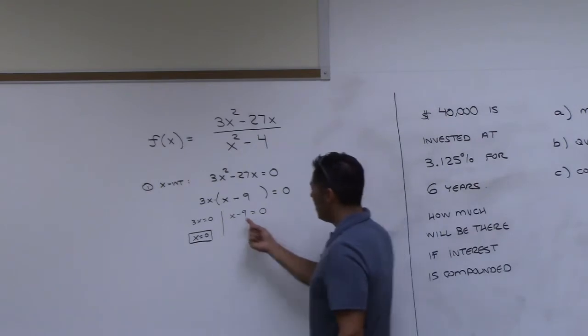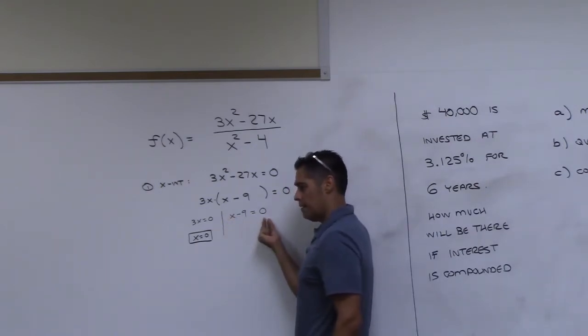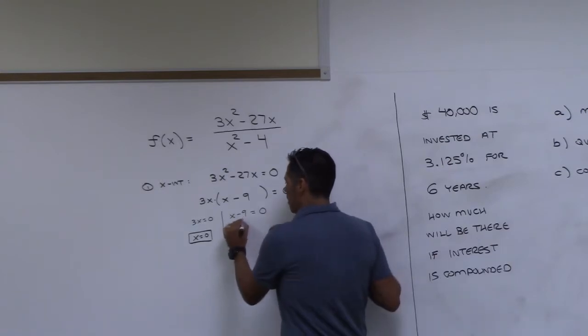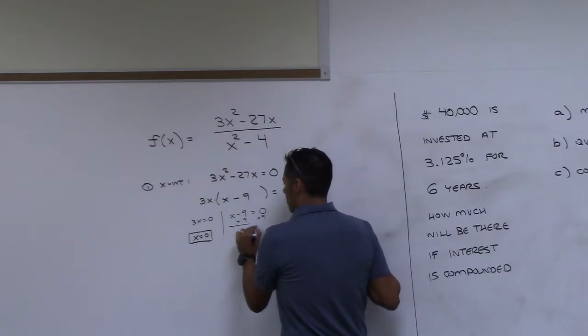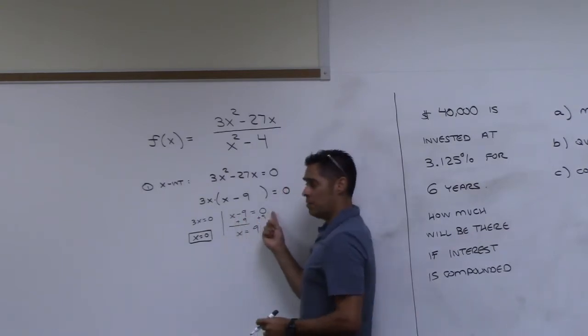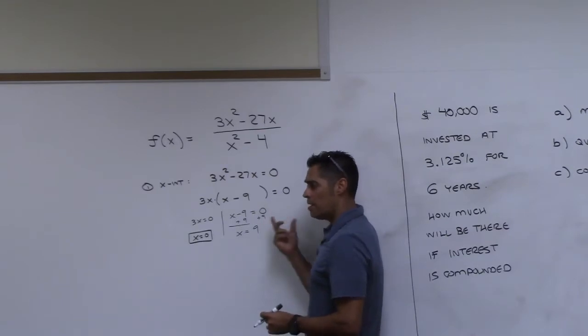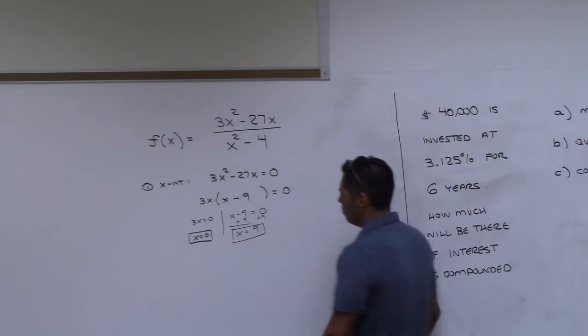So if you have x minus 9 and you want to get x by itself, you need this 9 over here, right? So that means we'd have to add 9 to both sides. So x would be 9. And just think about it, 9 minus 9 would be 0. So that should be our solution.